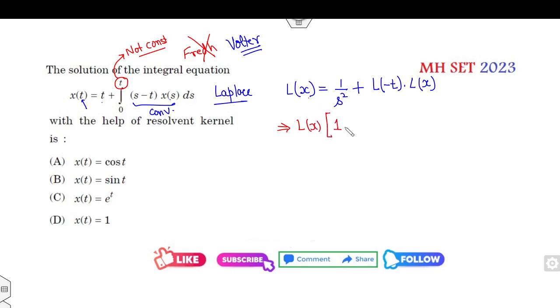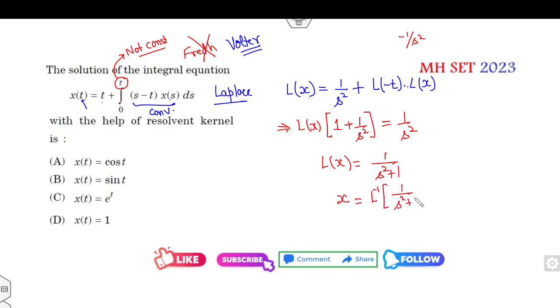It is 1. What is the Laplace of t? It's minus 1 over s square. So this number is plus 1 over s square. So can you find the Laplace of x? It will be 1 over s square plus 1. So can you find the value of x? Laplace inverse of 1 over s square plus 1, which is nothing but sine of t, is the right answer of this problem.